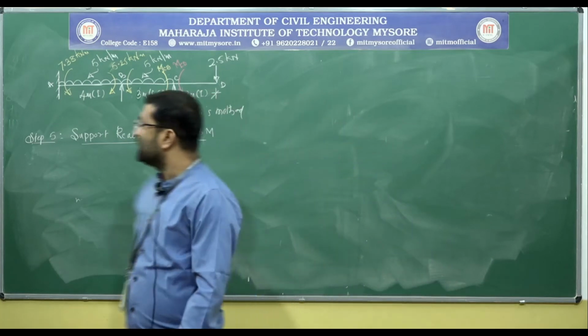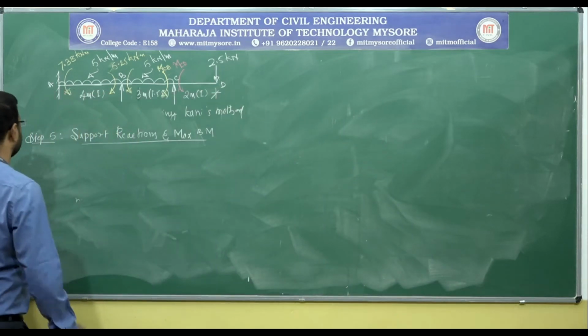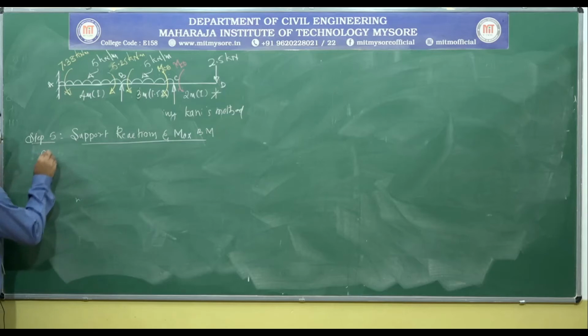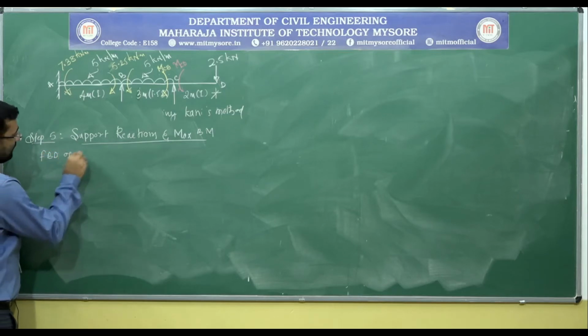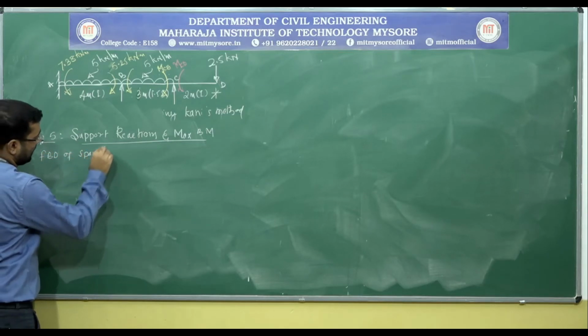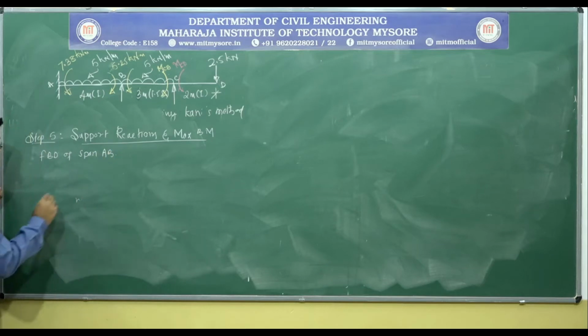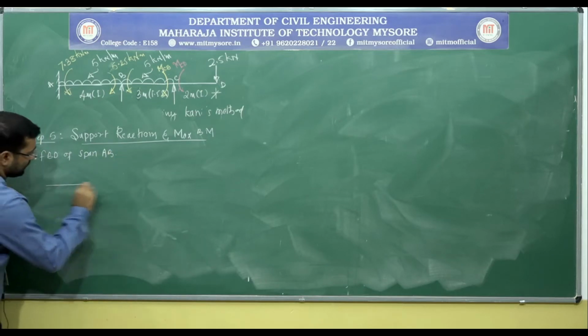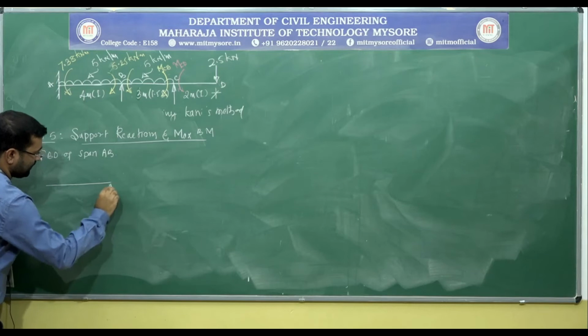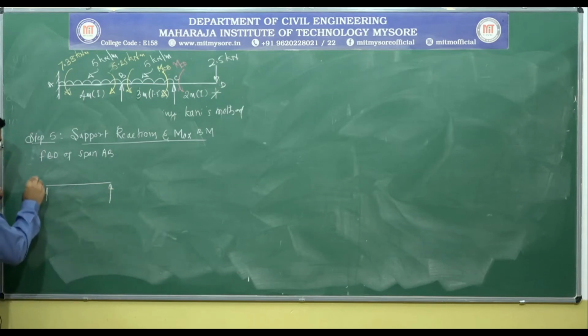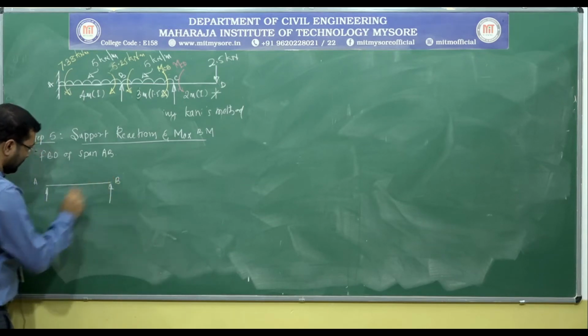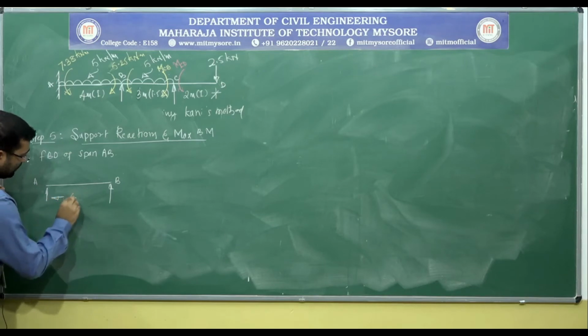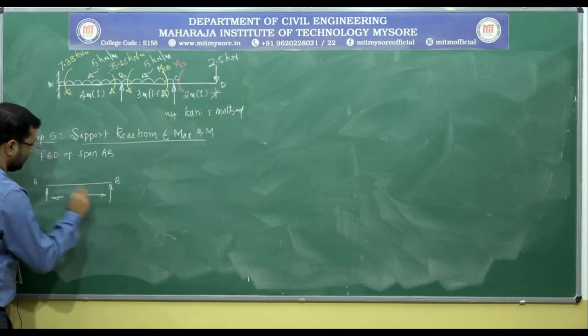Okay. So here let me draw the FBD of span AB. A point, B point, the span is about 4 meter.